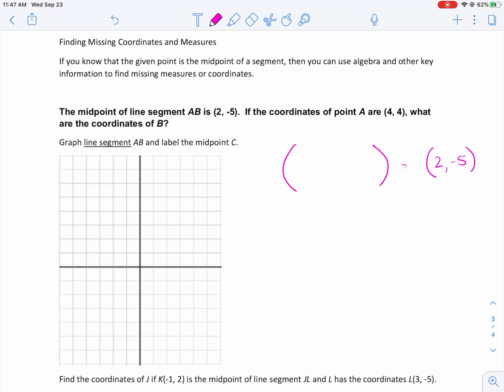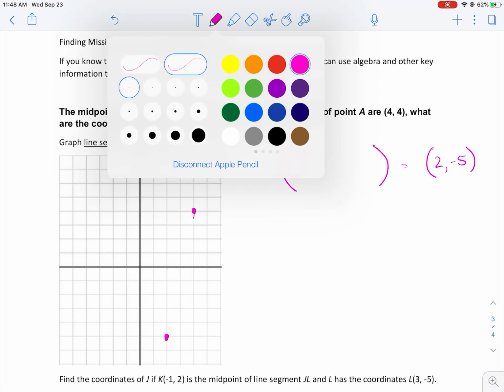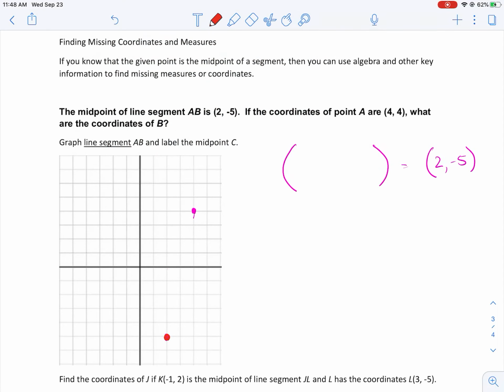I was going to graph it, but I'll put those in there. So 4, 4 is right there. 2, negative 5 is right there. So our other endpoint, let me get a different color here, is going to be located somewhere down below here.